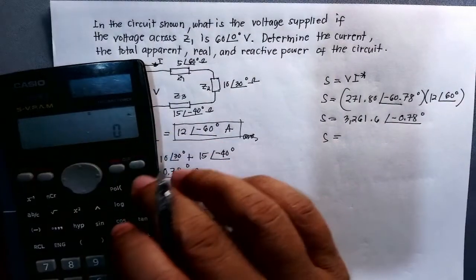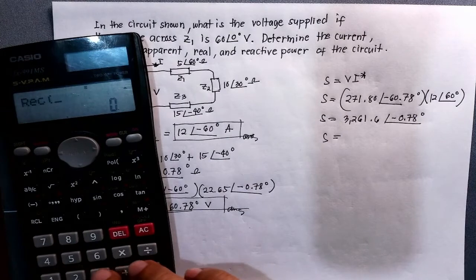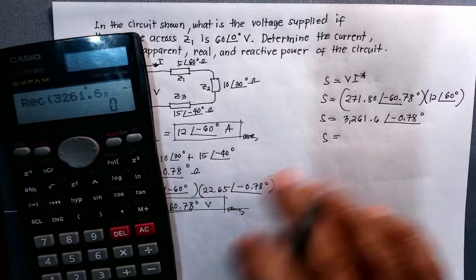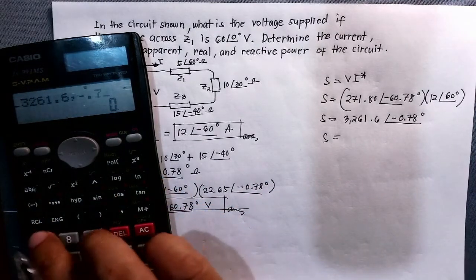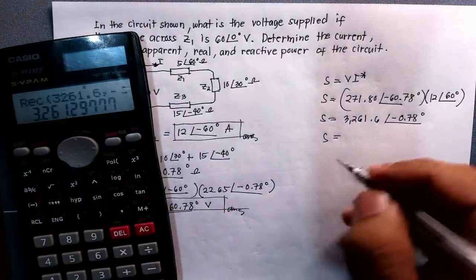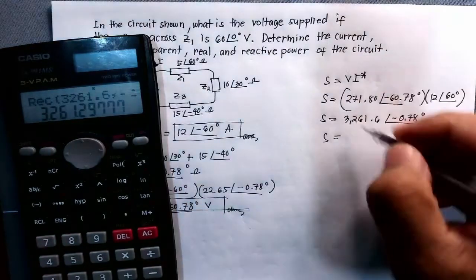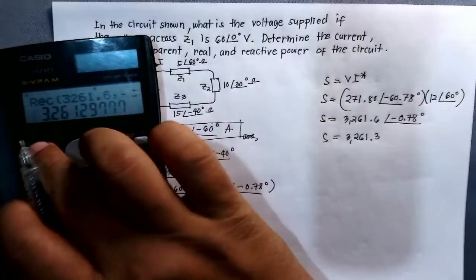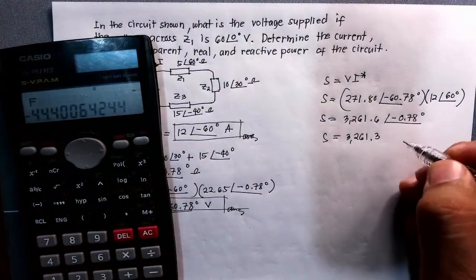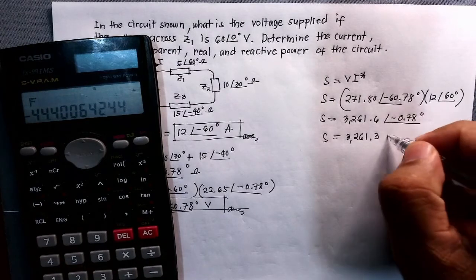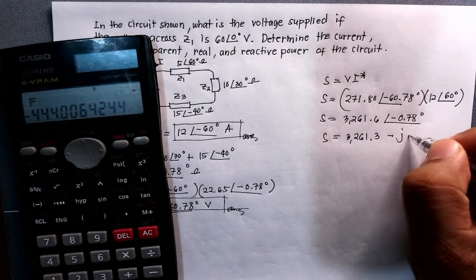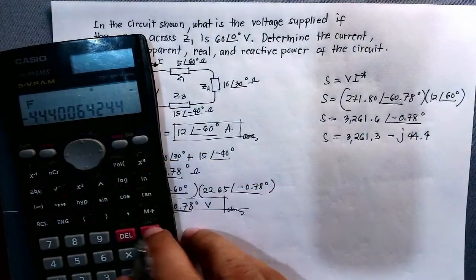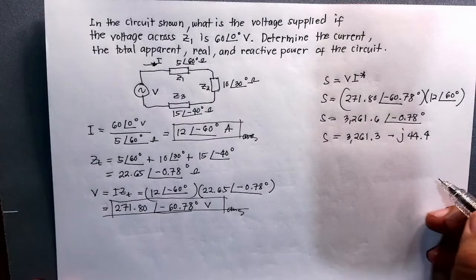So you use your calculator again and get the rectangular form: 3,261.6 comma negative 0.78 equals, and that will give us 3,261.3, and for the other part, negative 44.4. So this is our result.